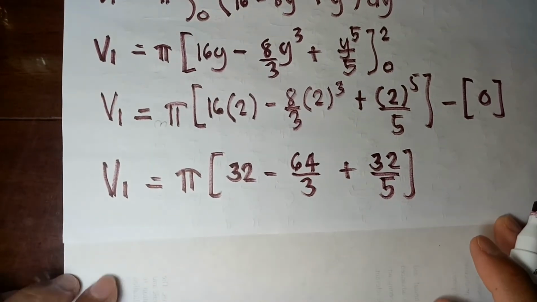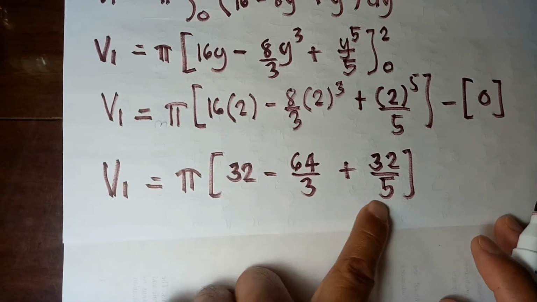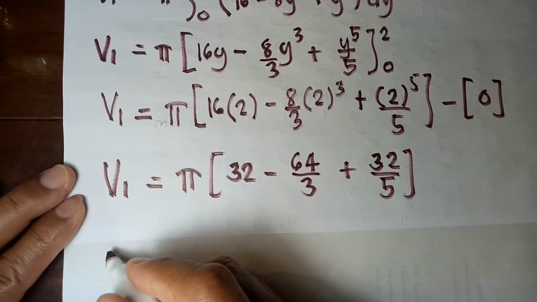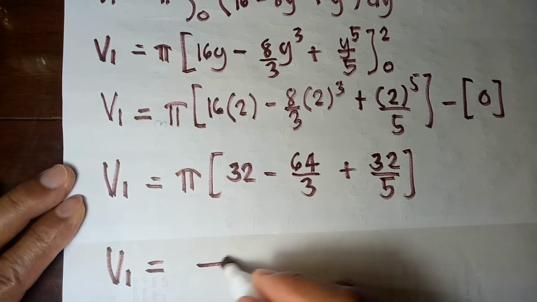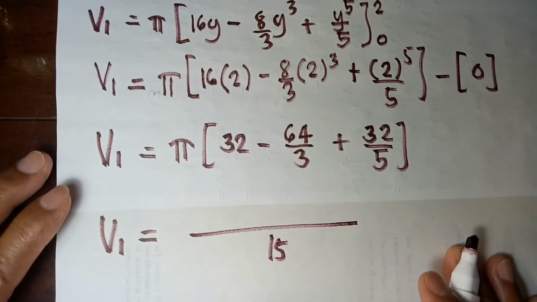Okay? Kaya kumuha tayo ng least common denominator. No? So meron tayong LCD na 15. So I'll have volume 1 equals, no? So ang LCD natin ay 15.